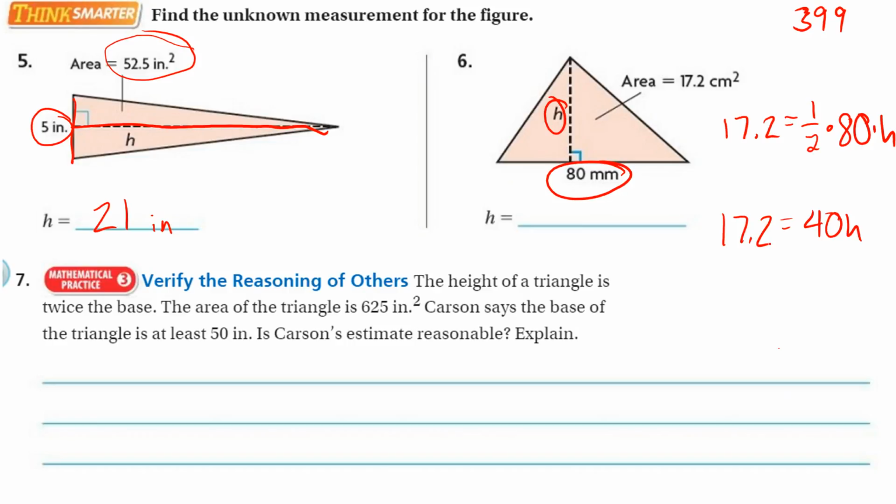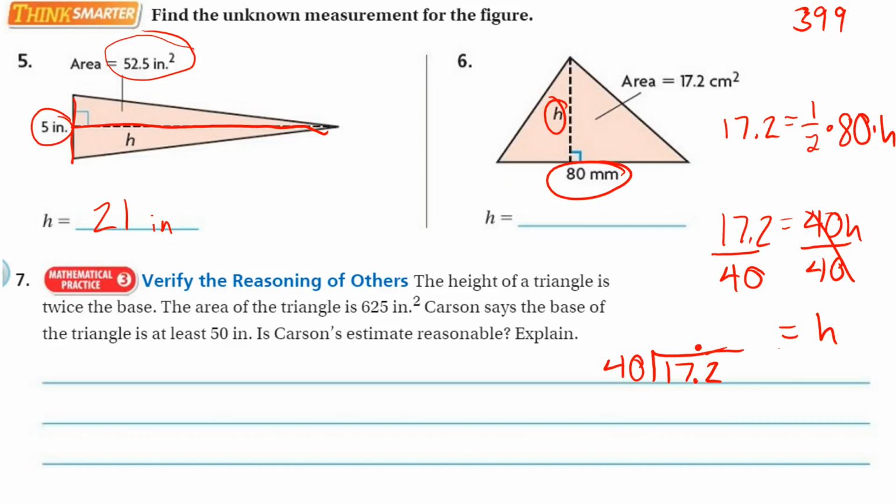And then we divide both sides by 40 to get that h by itself. Cancels that out, leaving me with just h. So now I'm going 40 into 17.2. Again, you can work this out on your scratch paper. No decimal out here, which is just the way I like it.